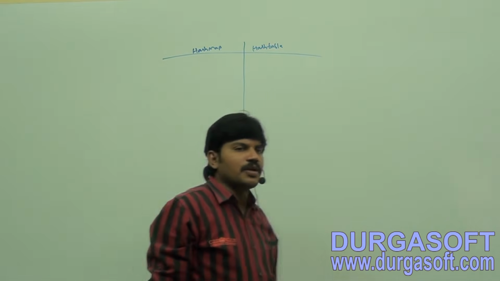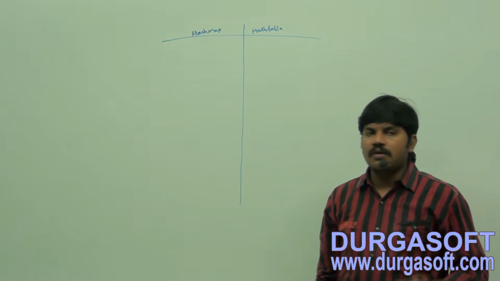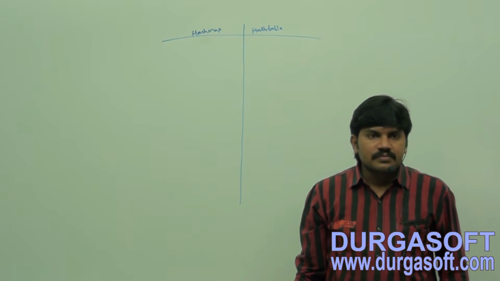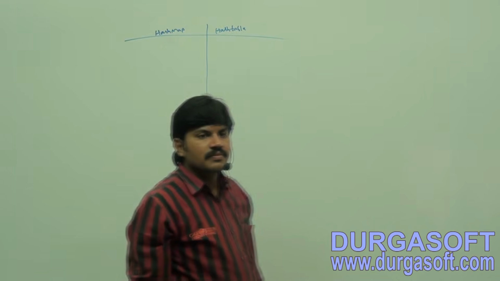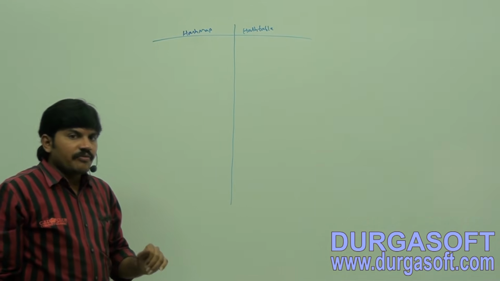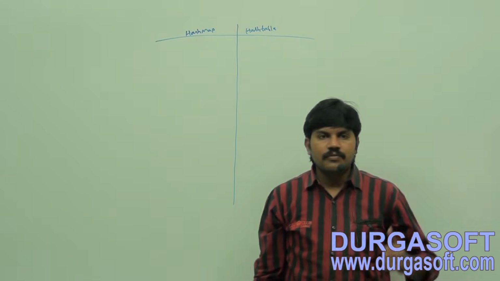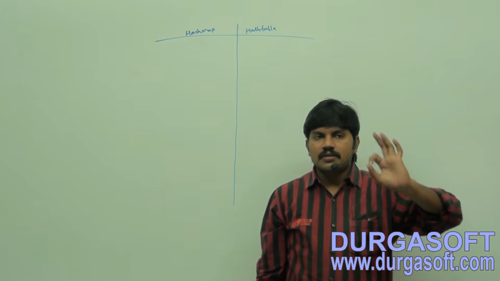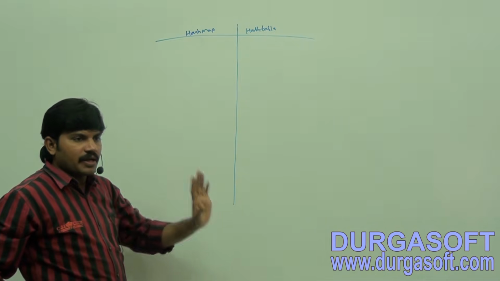In the last class we covered somewhere, do you remember, in the case of ArrayList and Vector? What is the difference between ArrayList and Vector? ArrayList is non-synchronized, Vector is synchronized. ArrayList is not thread safe, Vector is thread safe. The same differences are there between HashMap and Hashtable.